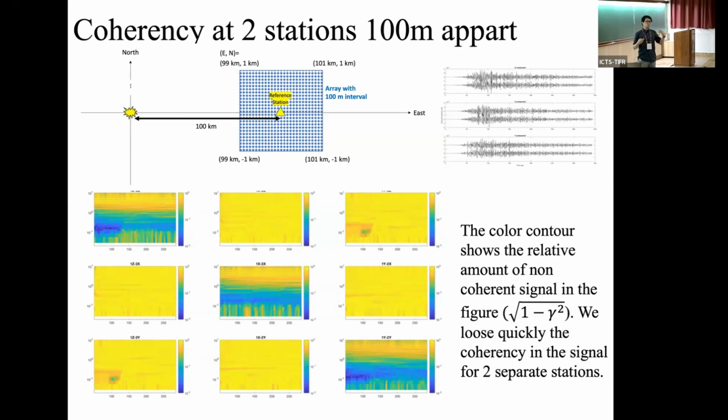So a good point of this is that if you want to say that noise is stochastic, you don't have to go far. You can just go 100 meters away and you see the noise is completely different. But if you want to use this to correct for the noise, saying that the two should be seeing the same noise, it might be a problem because noise is not correlated at all. But this is something we might discuss further.